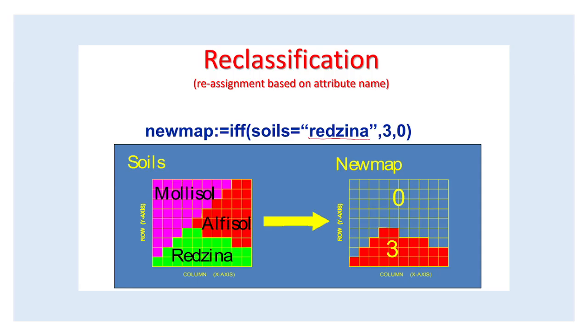We had alfisol, we had mollisol, but the new map, according to our requirement, should contain information only about red xena. So if the soil map is equal to red xena, if it is true, wherever that red xena area is there, we denote it as 3. And wherever it is false, it's not red xena, we denote it as 0.